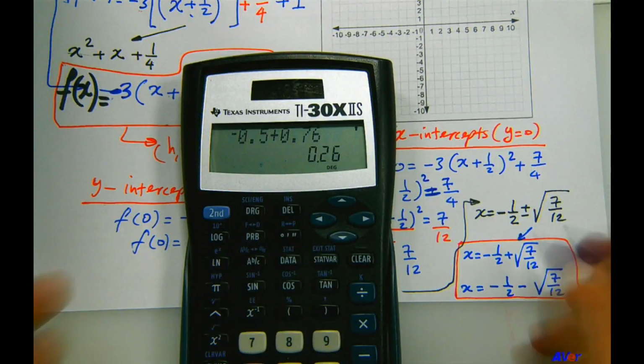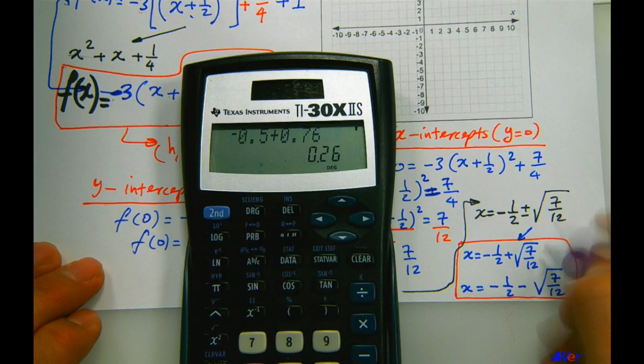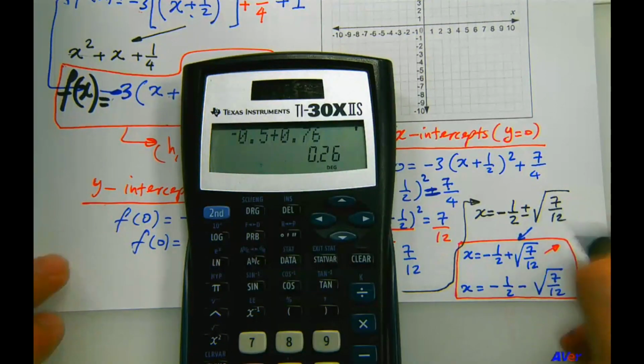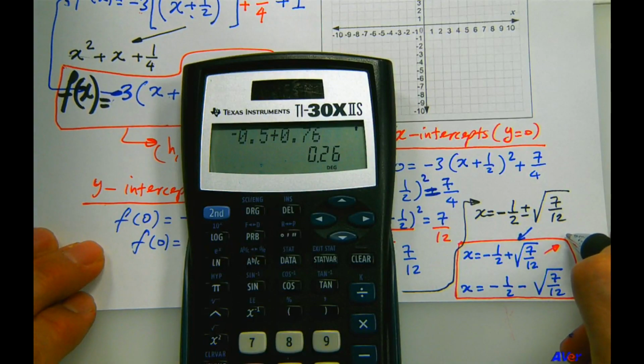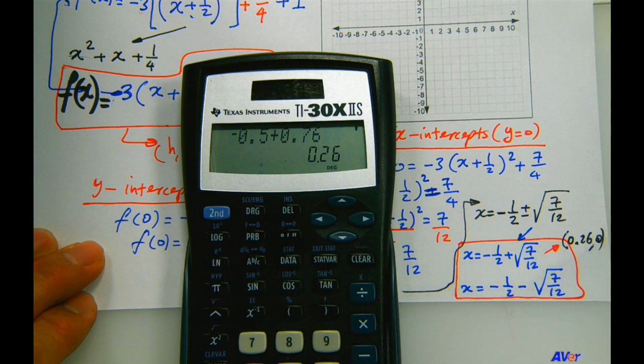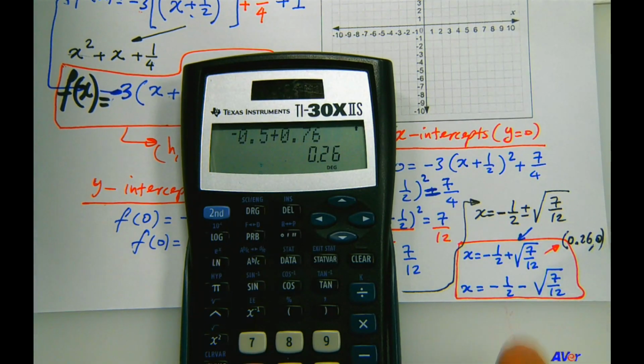So that one is equal to 0.26 comma 0. How about this one? So this one is minus 0.5 minus 0.76. So it's a negative number, right?